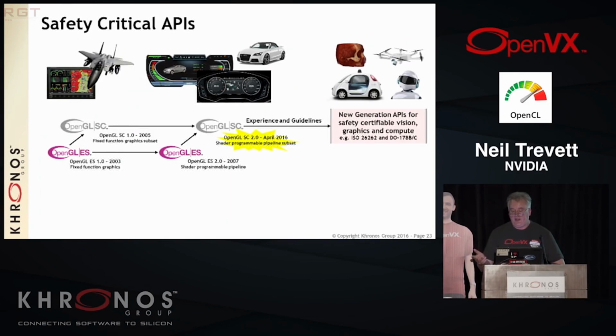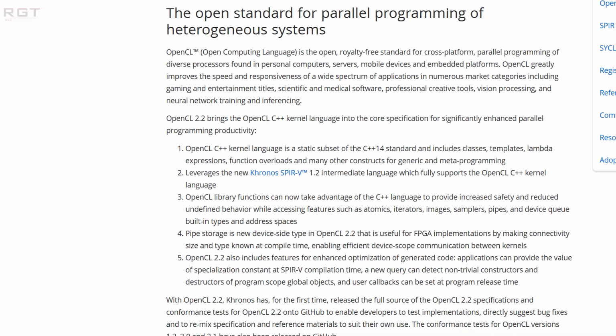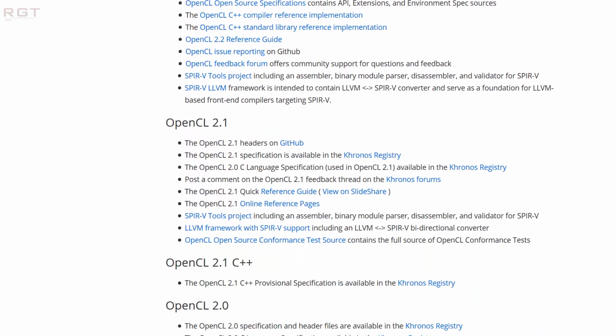And on the OpenCL side, which is slightly lower level, some people use OpenCL under the covers to implement OpenVX. We released OpenCL 2.2 in May, and that brings C++ up and down the stack.